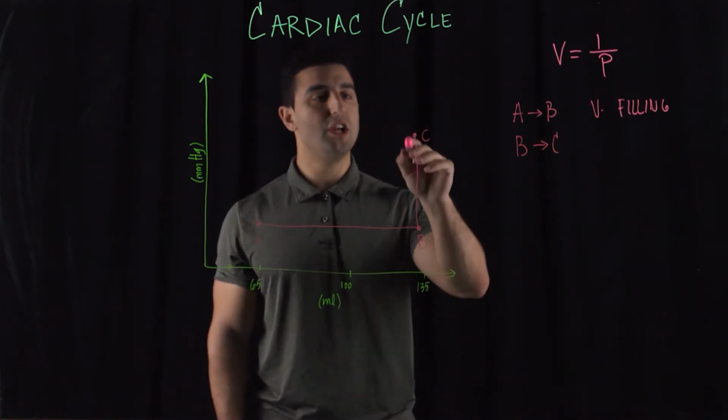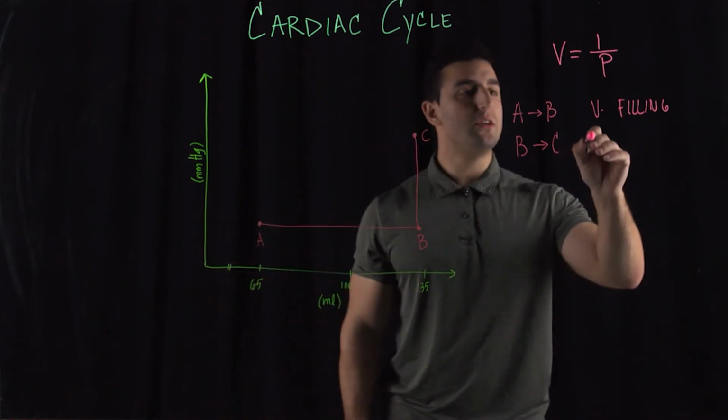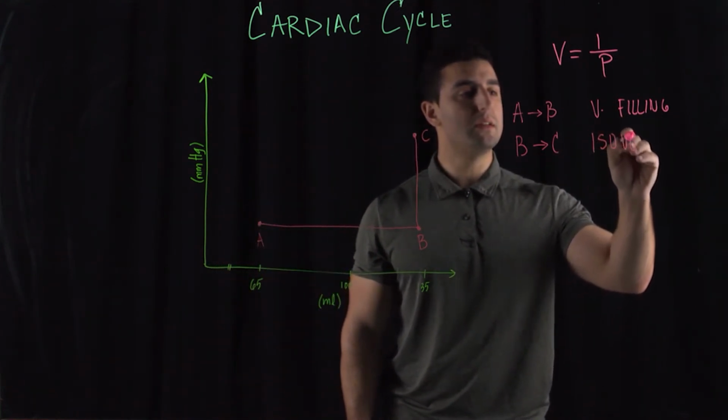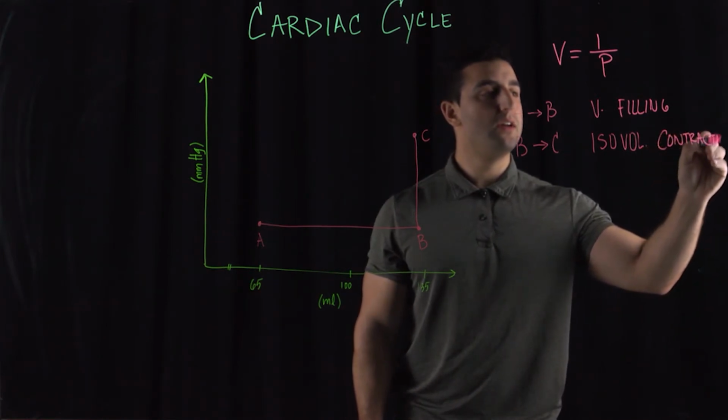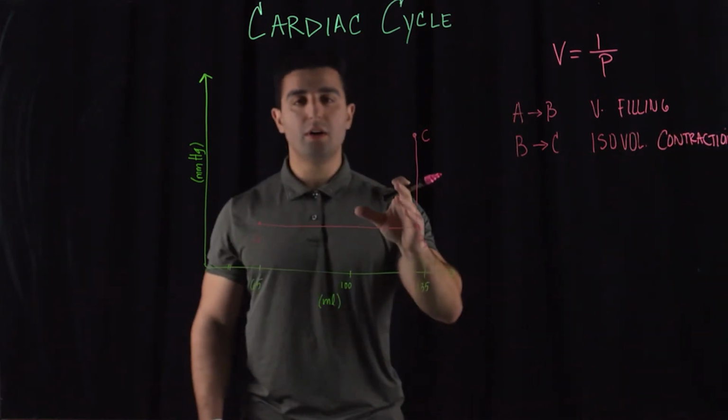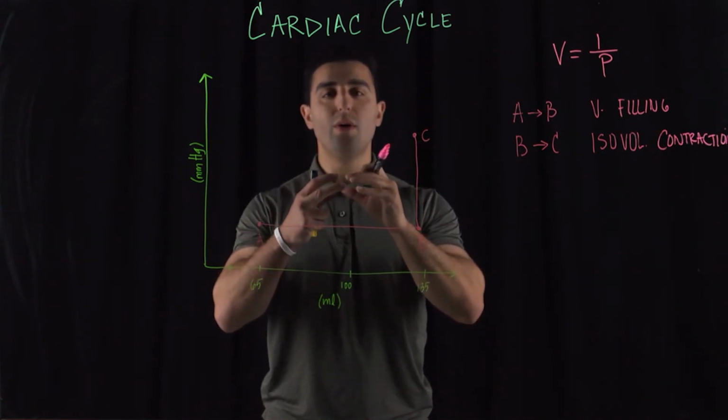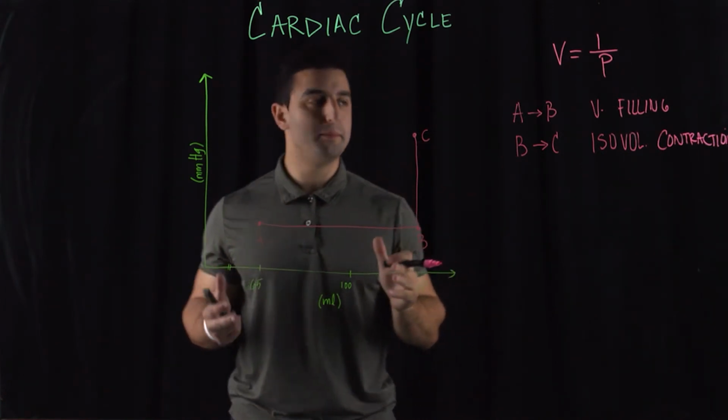The volume doesn't change, but the pressure increases. This is called isovolumic contraction. During this time, the heart muscle contracts readily, however, it does not lose any volume of blood.